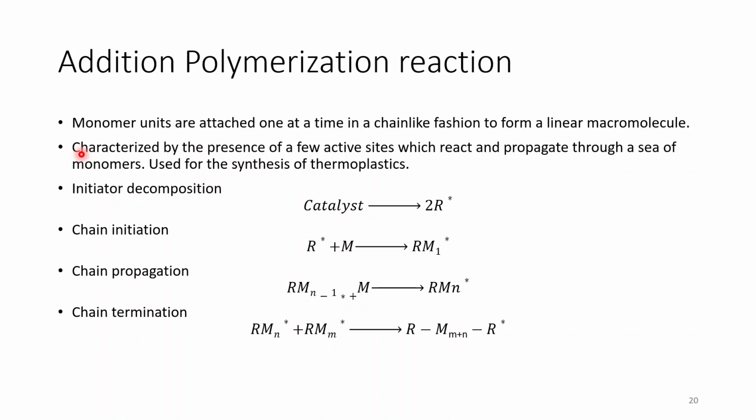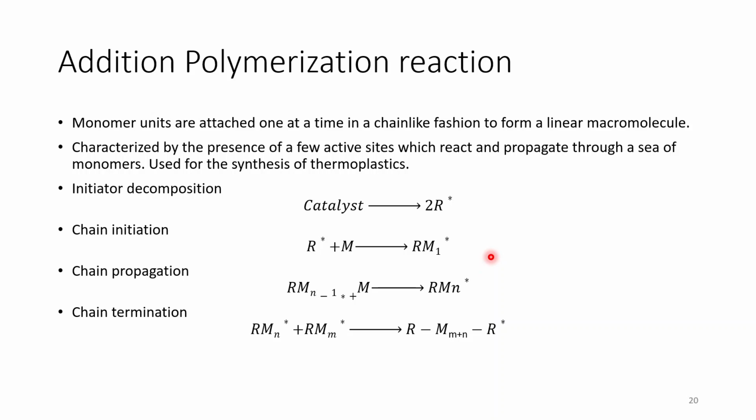So firstly you have initiator decomposition. The catalyst will get divided into two radicals, 2R*. Now this radical will combine with the monomer and create this chain reaction. So chain initiation will begin, R* plus M, and here you will have RM1*.